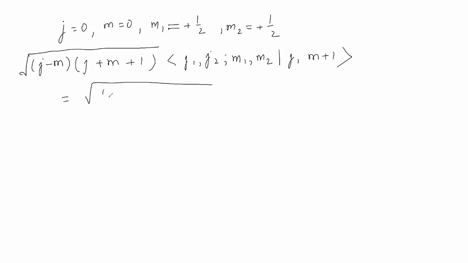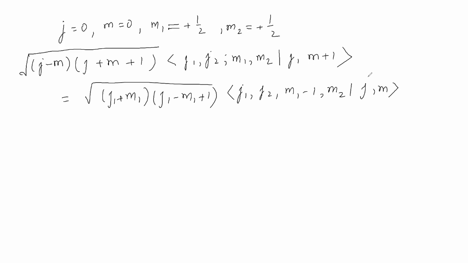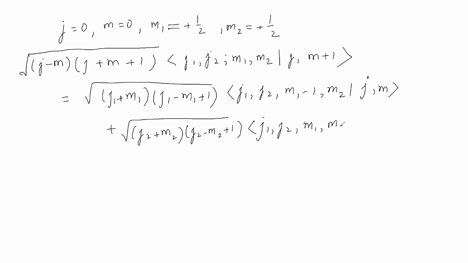This is equal to J1 plus M1, J1 minus M1 plus 1, J1, J2, M1 minus 1, M2, Jm plus J2 plus M2, J2 minus M2 plus 1, J1, J2, M1, M2 minus 1. This was the upper part of equation number 1.